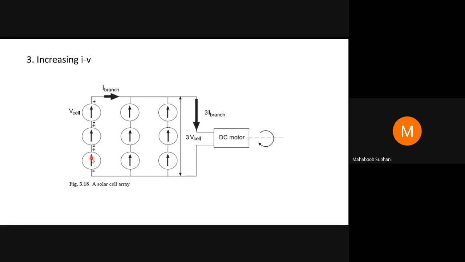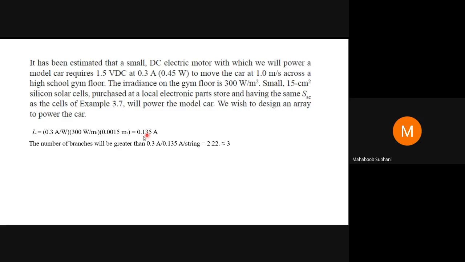The current has to be higher than what is mentioned. This 0.135 is not enough, because the required current to drive this motor is 0.3 ampere, but what I got is 0.135, right?